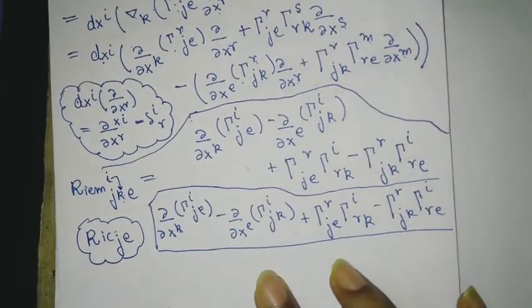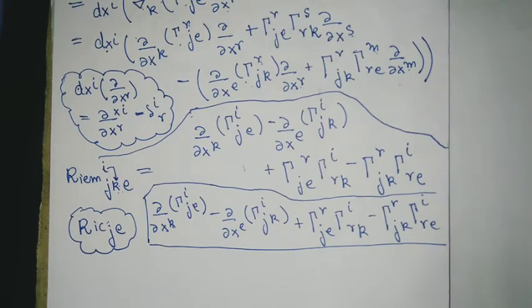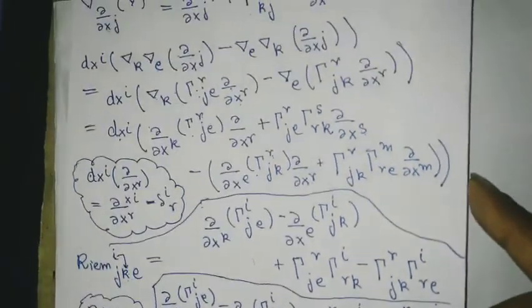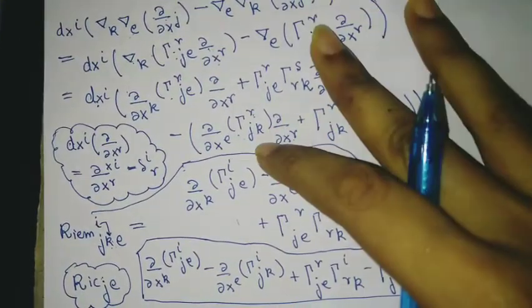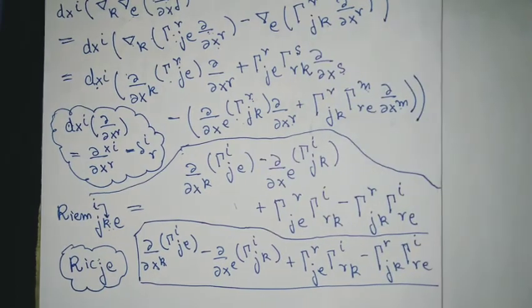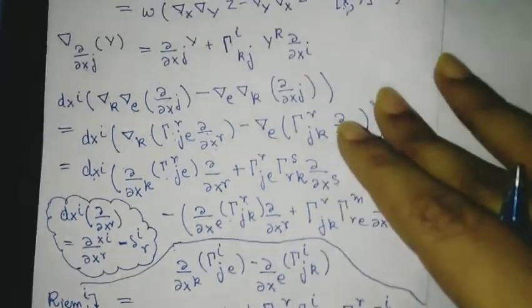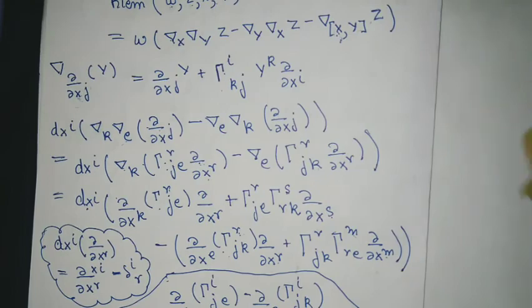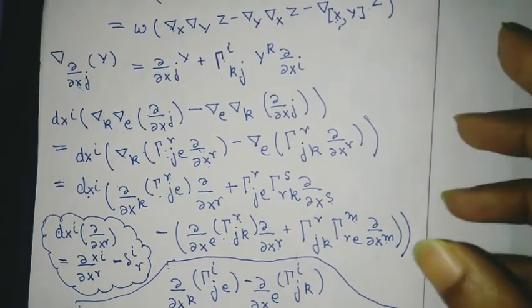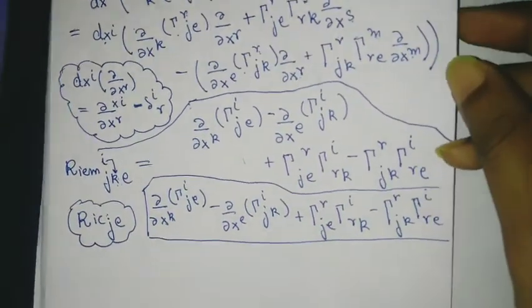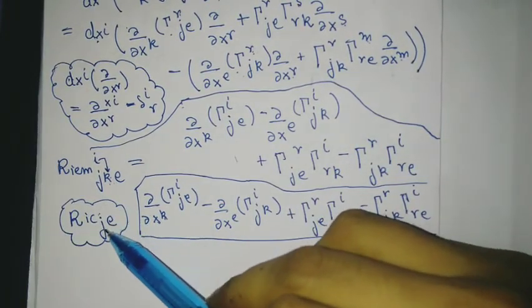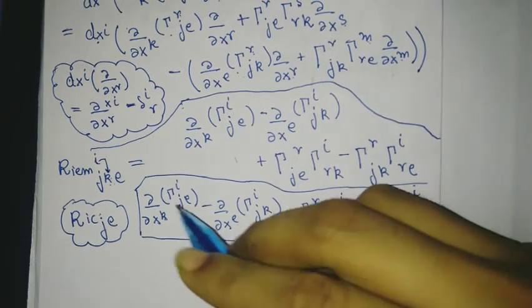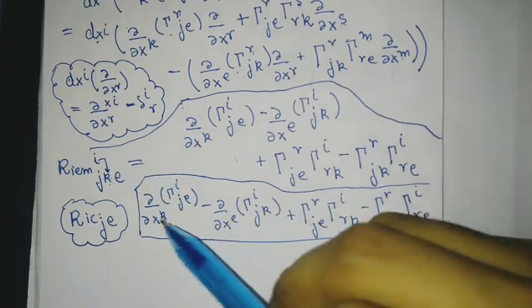These are very important formulas for general relativity, for example in the case of the FRW metric or the Schwarzschild metric or any kind of metric, to find the final form of the Einstein equation, you need to incorporate these.